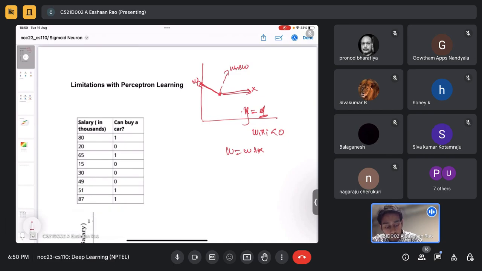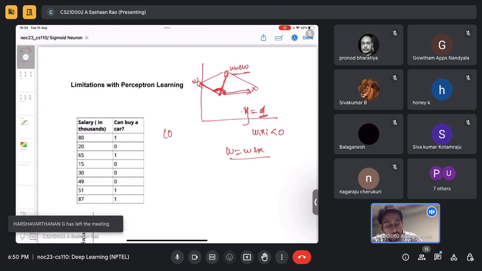Once you get the idea of how w equal to w plus x happens through this vector addition, I am getting w new, which is closer to x. Why is it important? Because of the angle: we are trying to improve the angle between x and w.